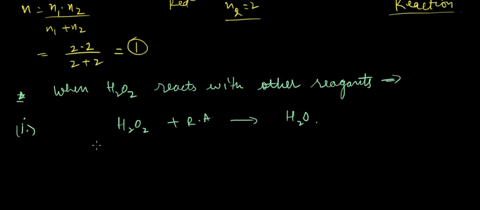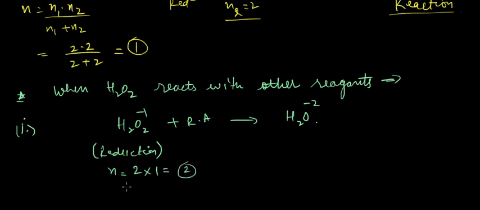So this is a perfect example of reduction in which oxygen is going from -1 state to -2 state. So here n factor for H2O2 would be taken as number of moles of H2O2 into number of electrons required per mole of oxygen, which would be 1, so it would be 2.